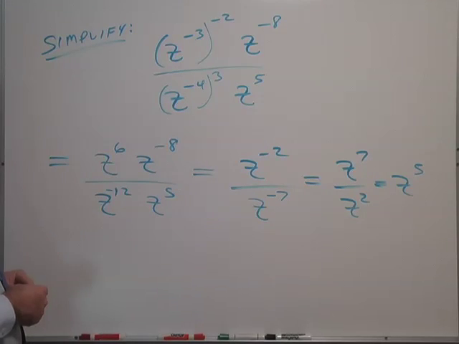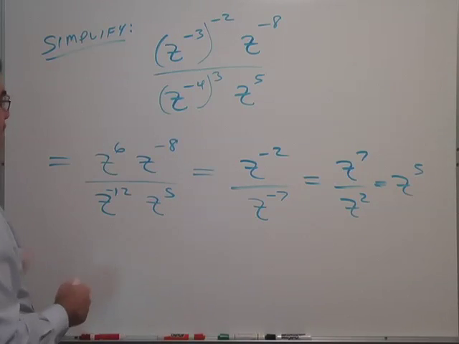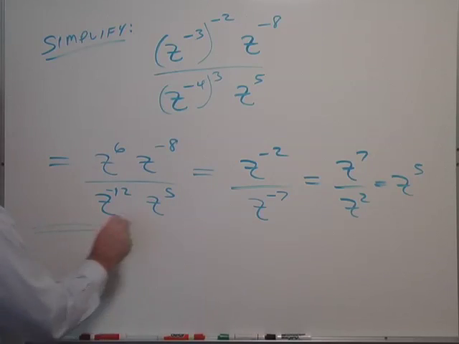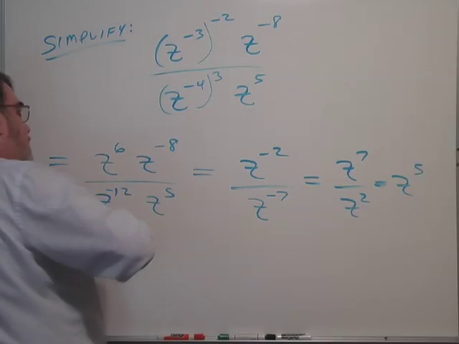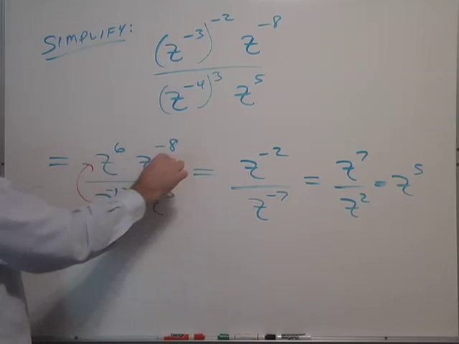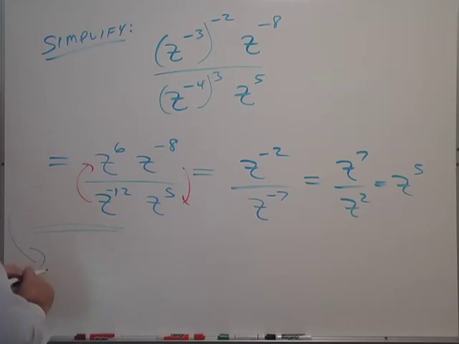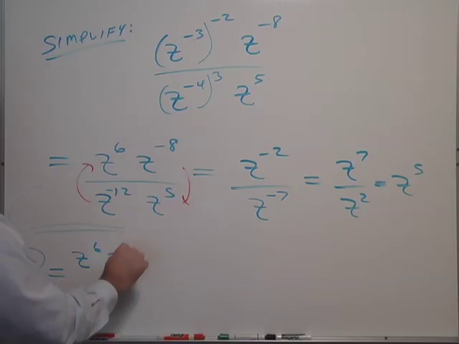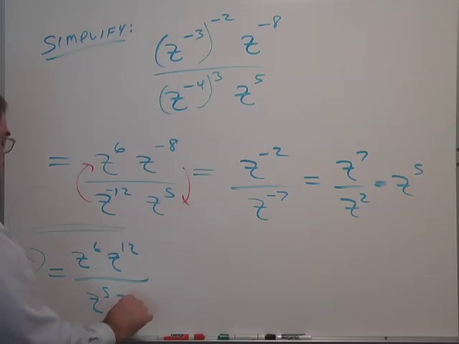There are, of course, other ways. We could have moved these negatives around if we wanted to. That would have been fine. In fact, let me just show it this way as an alternative. If I move this one and this one, because those are the two with negative exponents, then on top we would have z to the 6th times z to the 12th over z to the 5th times z to the 8th.